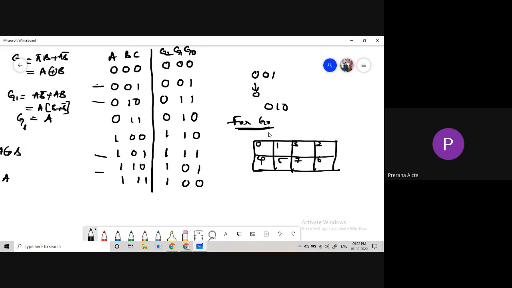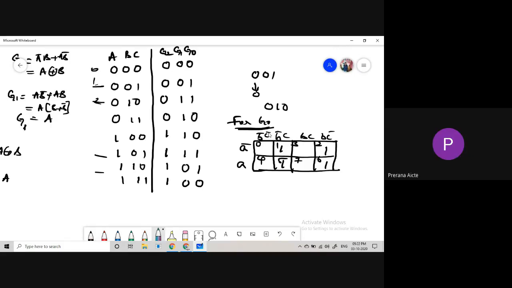So the numbers are 1, 2, 5, 6, right? Yes, sir. Now grouping.